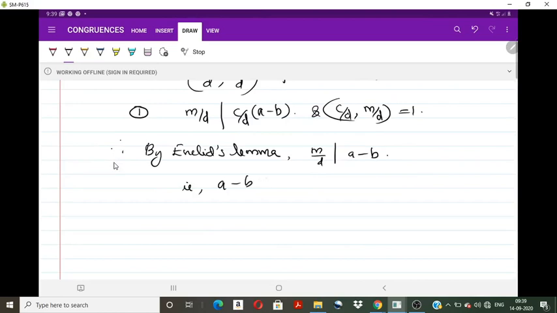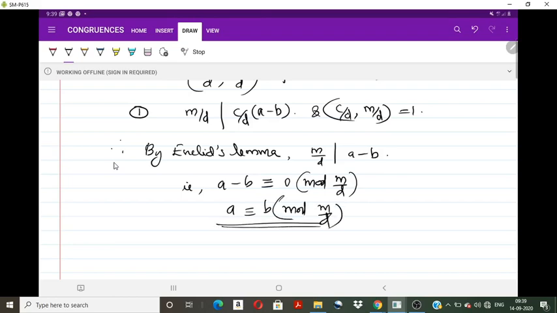that is A minus B is congruent to 0 modulo M by D, or A is congruent to B modulo M by D. So hence the generalization.